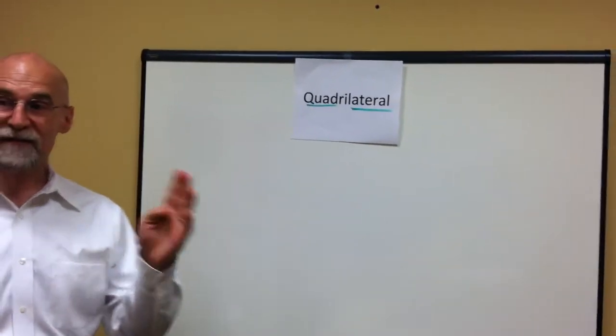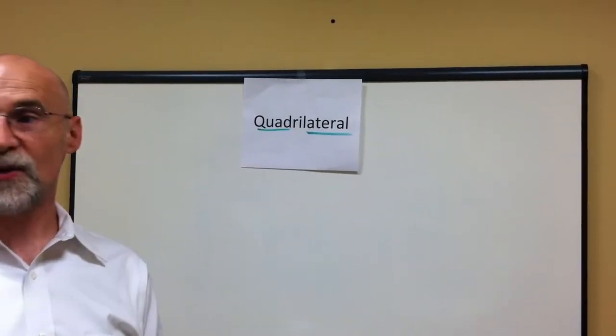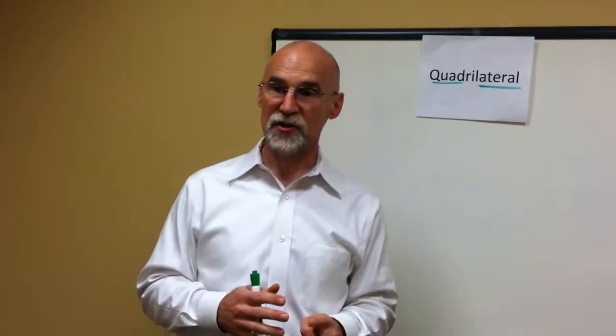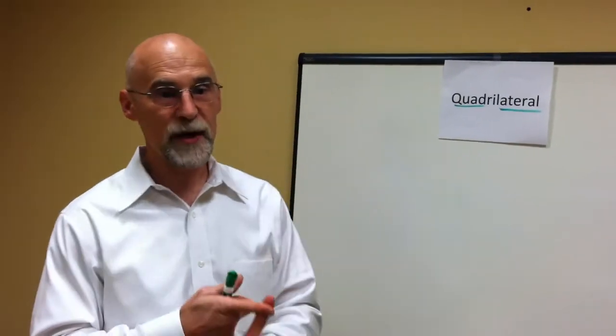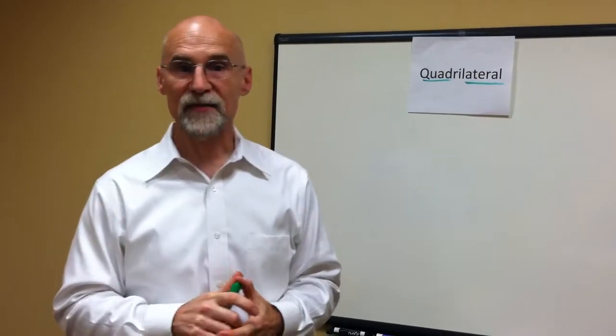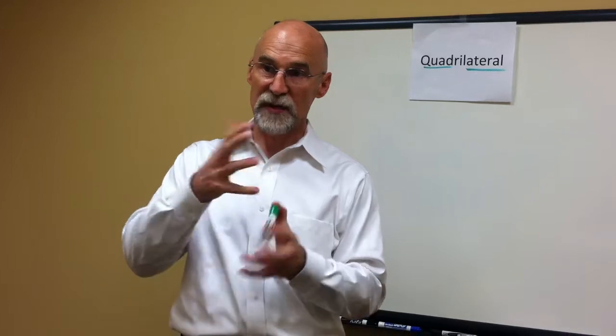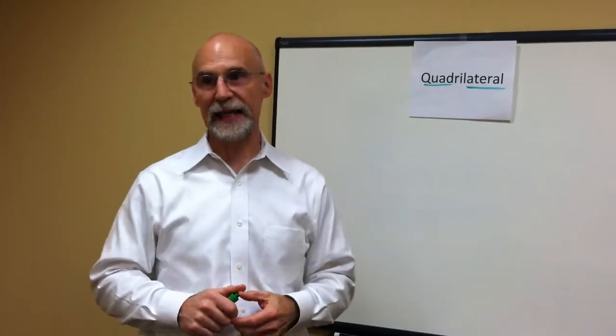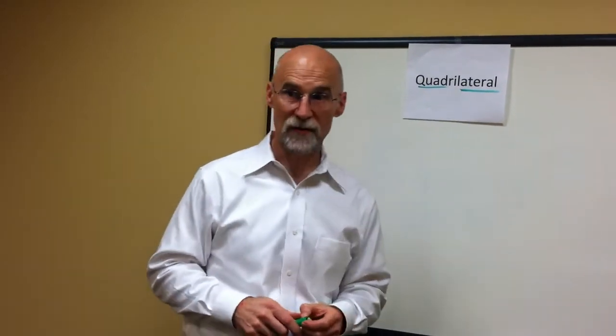We're going to talk about four-sided objects. That's what quadrilaterals are. Now, there's some features about them, though, that have to be included. One is that they have to have four straight line segments forming their sides. They have to be two-dimensional objects. Three-dimensional objects are not quadrilaterals. And the line segments must connect at the ends to form the corners of the quadrilateral.